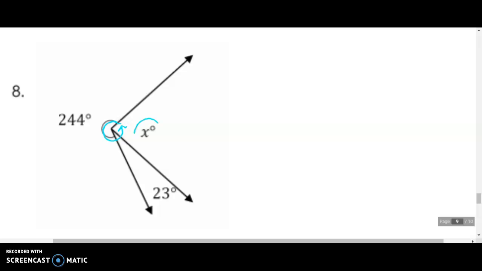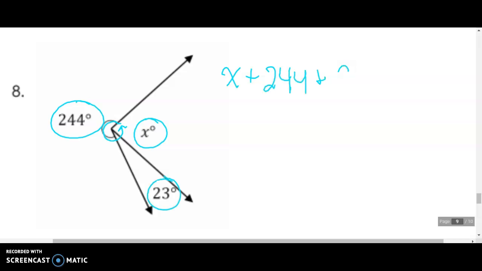So if I take my x angle plus my 244-degree angle plus my 23-degree angle, that entire thing is going to add up to 360 degrees.